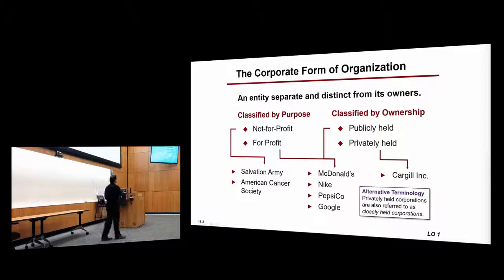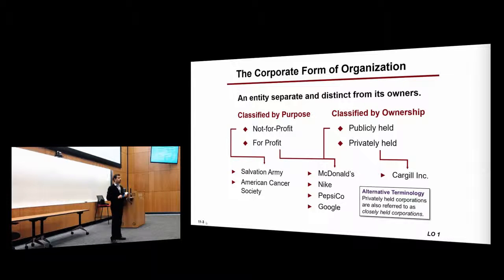Before we start talking about that, we need to talk generally about companies and corporations. We touched on this topic before. So companies can be classified by purpose. What do we mean by purpose? Well, they can actually be classified by industry as well, but here we're talking about the broader classification.